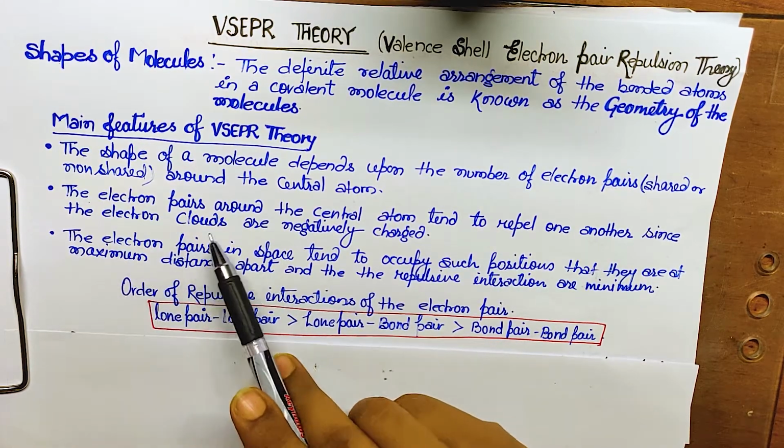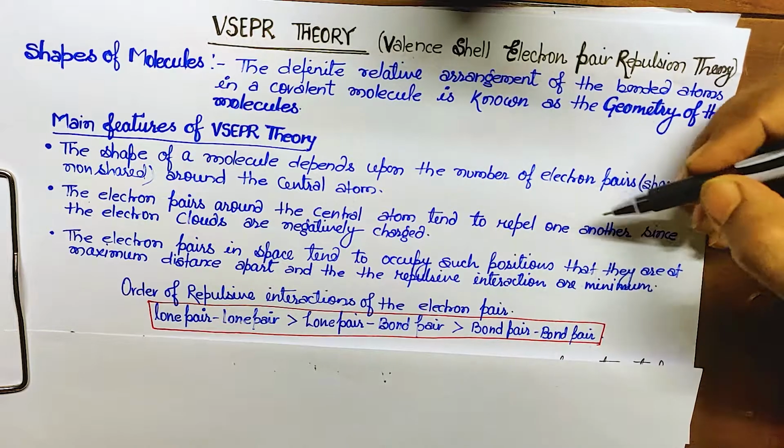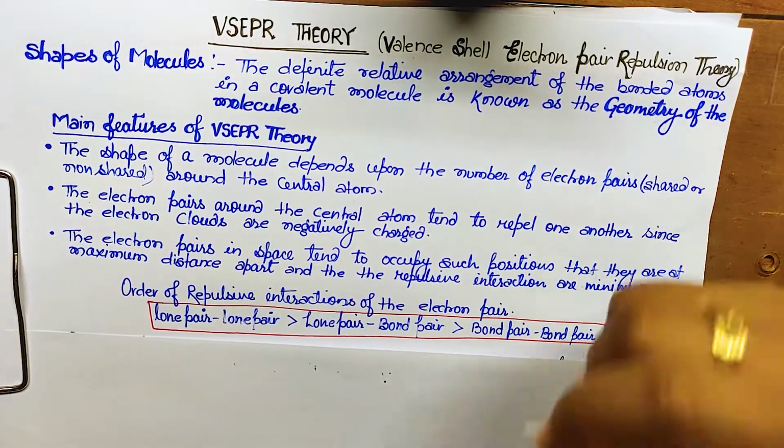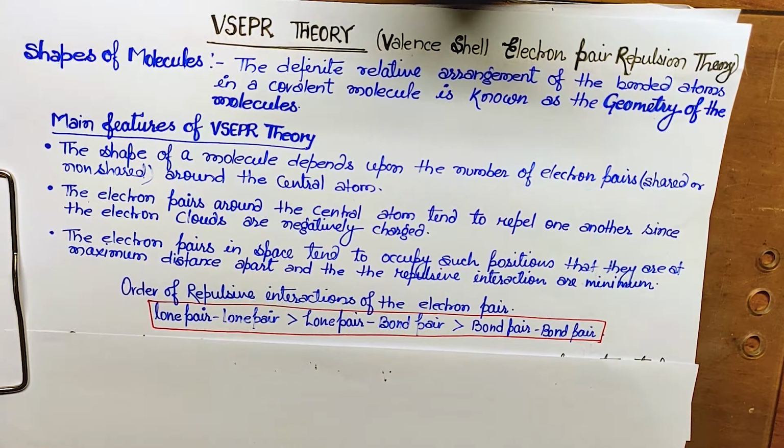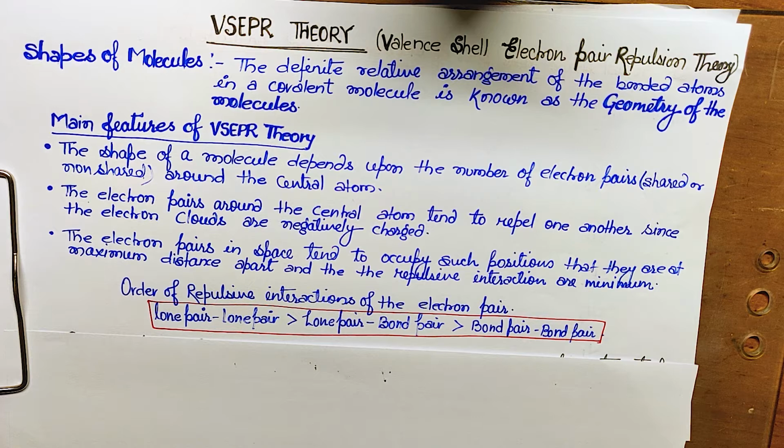The electron pairs around the central atom tend to repel one another since the electron clouds are negatively charged. If lone pairs of electrons are left over on the central atom, they also tend to repel each other. Since the electron clouds are negatively charged, they repel each other, and due to that the shape gets distorted.